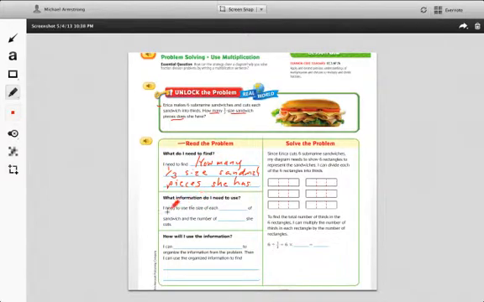So what information do I need to use? I need to use the size of each piece of the sandwich and the number of pieces she cuts. I think that makes sense.